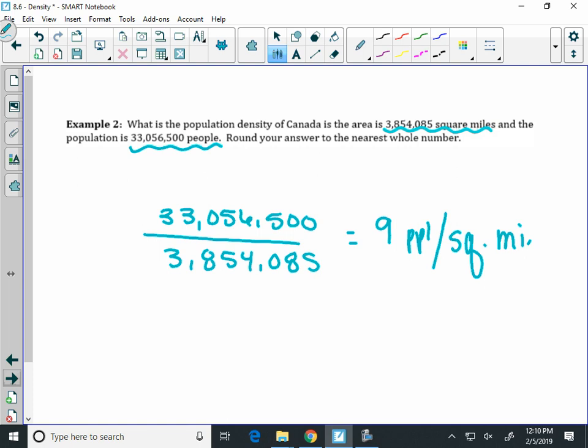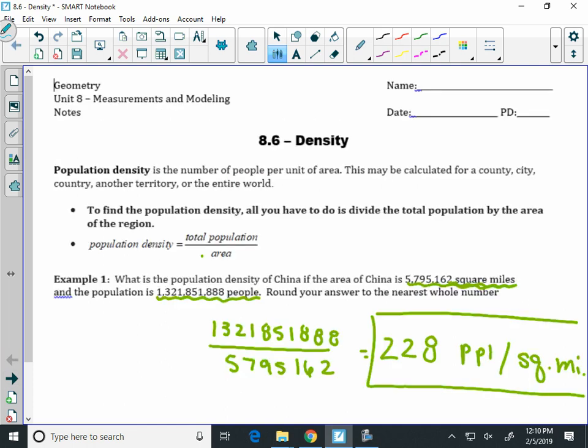Which one's more dense, Canada or China? China. China has a more dense population because its population density is bigger. Meaning, if we made a bunch of 1 mile by 1 mile square boxes in each country and evenly distributed the population, in China each box would have 228 people.